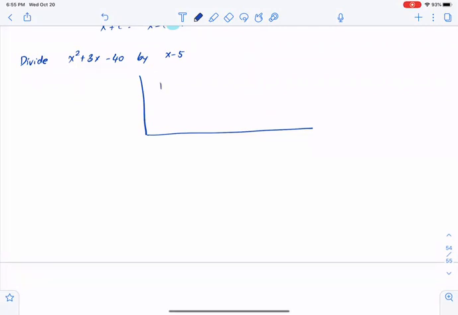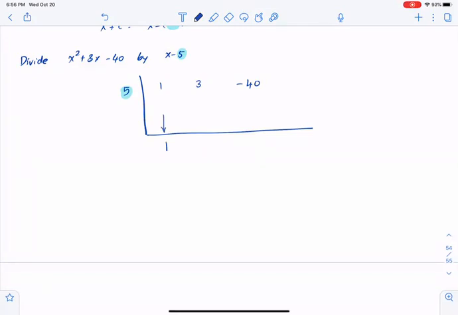So x squared, the coefficient is 1, 3, the coefficient of x, minus 40, the number. And I'm going to put the number 5 that I have in the divisor on the side right here. So the very first step is to bring that 1 down.